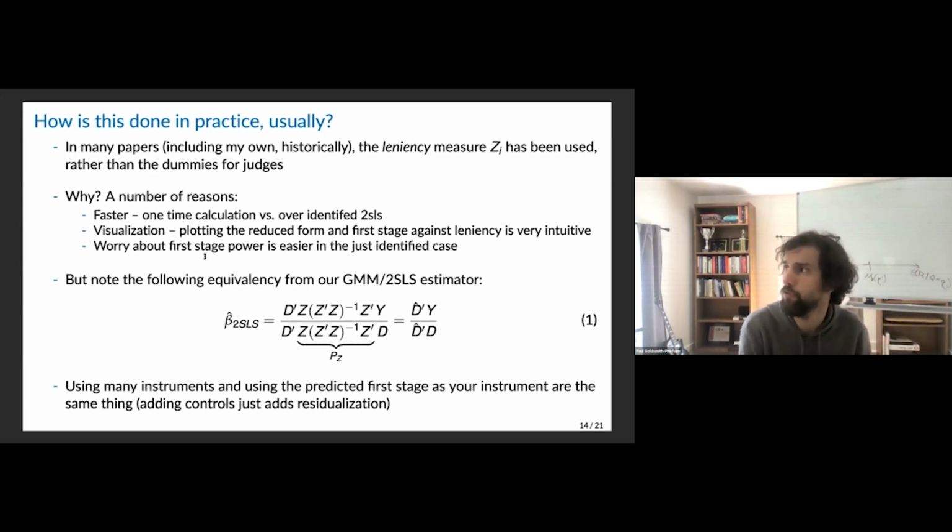And when you do it with judge dummies, you run into the issue of, how should I think about the first stage power in that setting? A lot of these first stage F statistic tests, like for example the Olea and Pflueger one that I proposed with the Stock and Yogo, are harder to think about in the many instrument setting. It's just not as intuitive. It really only makes the most sense in the just identified setting.